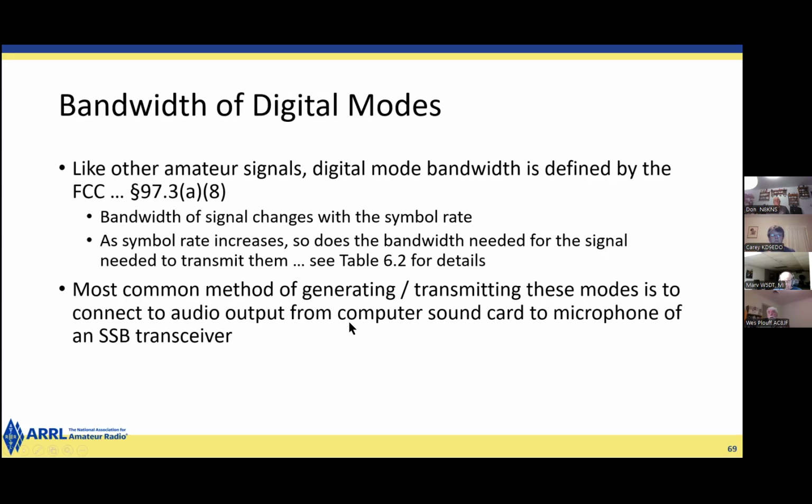Or commonly what you'll see is a standalone little unit that's sort of like a sound card that's USB on one side to the computer and is audio that goes to the auxiliary audio connector on the back of your radio. Or the newest rigs have a built-in sound card, just one USB cable going between the computer and the radio.